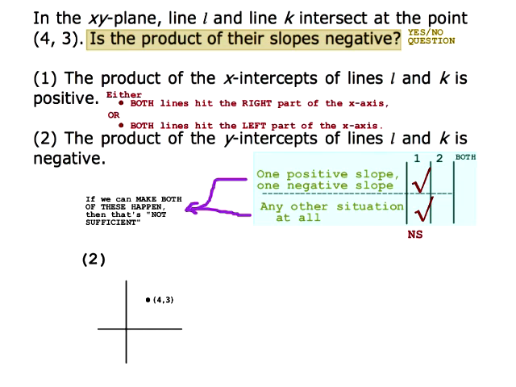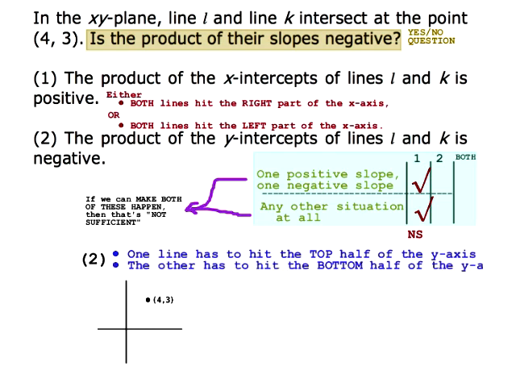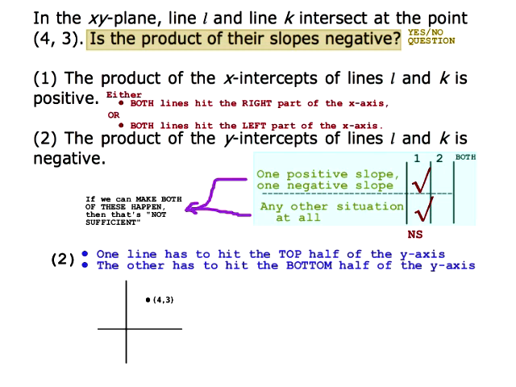So one line has to hit the top half of the y-axis, and the other line has to hit the bottom half of the y-axis, because that's what the statement says.